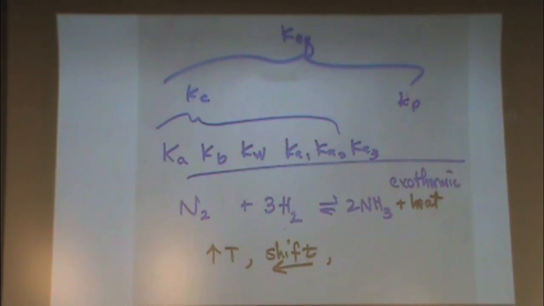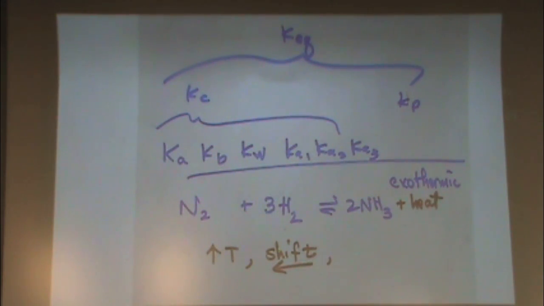Let me ask you about Q. Will Q change? I like this question better. You don't need to even go to temperature to answer this question. If you say yes, you have to tell me if it's up or down. If you say no, then you don't have to say anything else, but you may be wrong. Q is what?